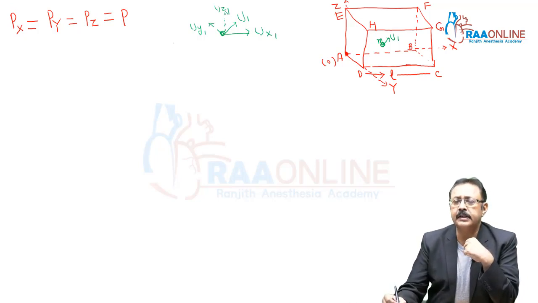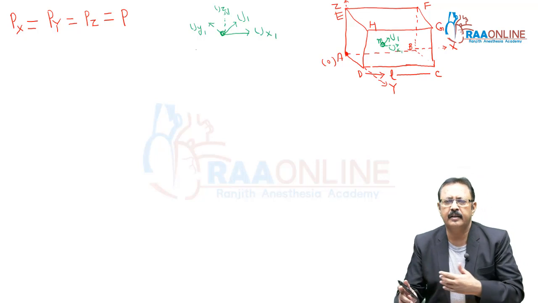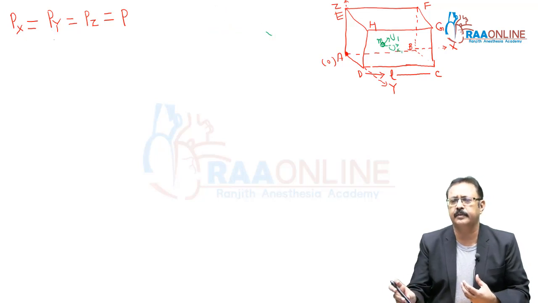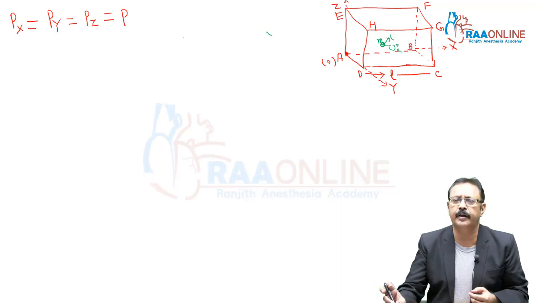So you can imagine that your molecule is moving in the direction of the x-axis with velocity u1, the y component v1 and the z component w1.